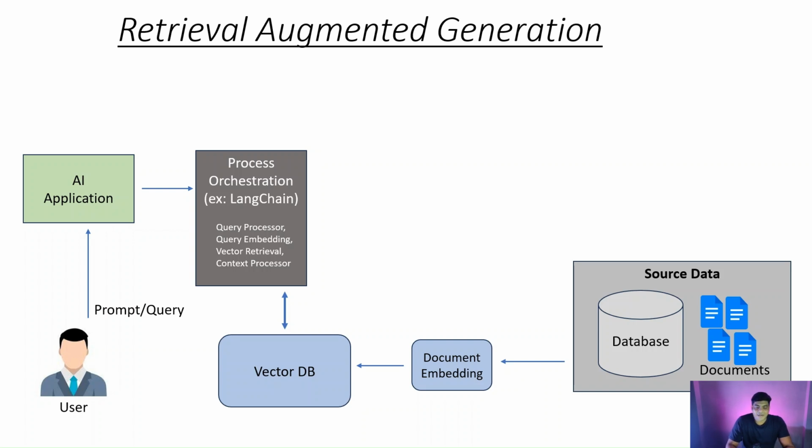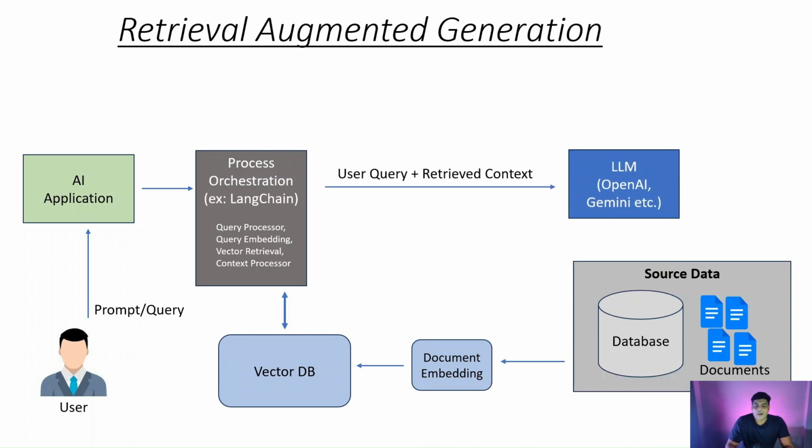LangChain will take that information from the vector database along with the user query and the retrieved context. It is going to send that information to an LLM model. This could be OpenAI or Gemini or any other LLM.